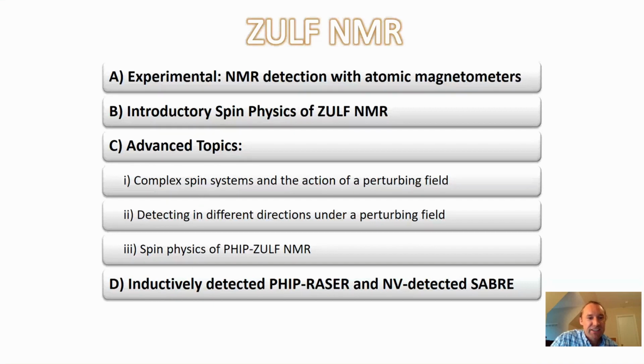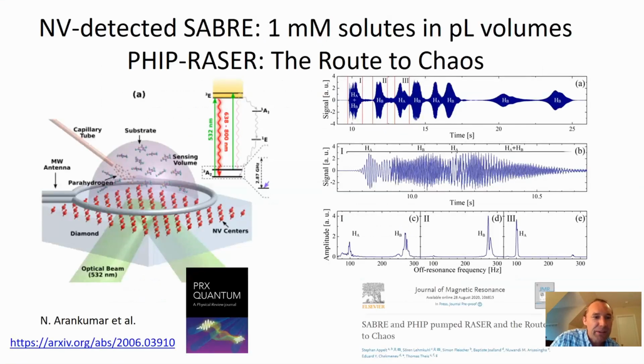Okay, good. So I want to, at the end of the session, show you how it is possible to detect 1 millimolar solutes in volumes on the order of picoliters. And I think this can be very exciting in the context of looking at biochemistry on the surfaces of NV diamond chips, for example.